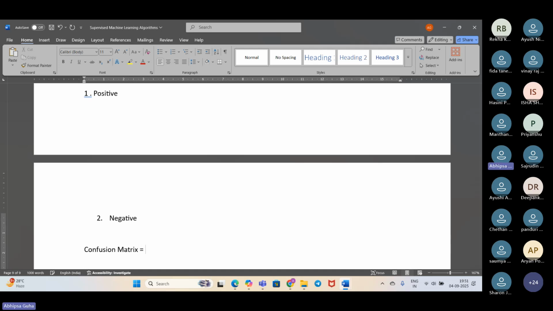So what actually is a confusion matrix? A confusion matrix is actually a table that shows how well the classification model has worked. There we generally take four values: the actual value and the predicted value, then the predicted positive value and the predicted negative value.